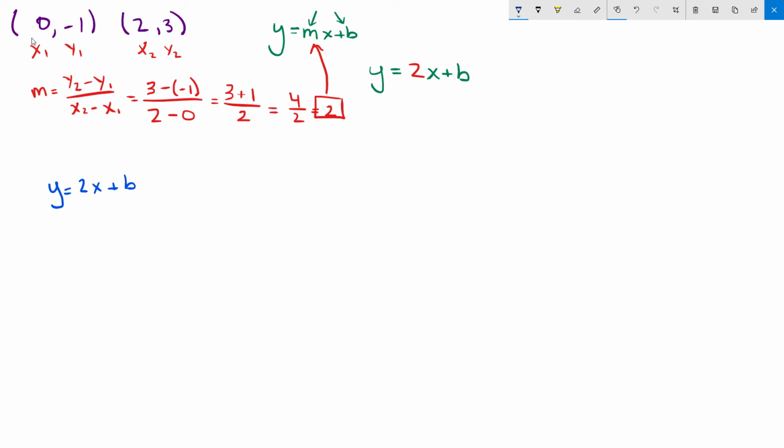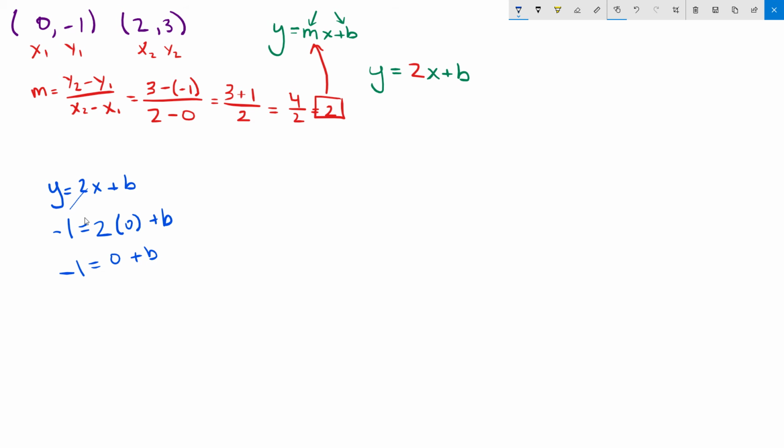So the y for this point is going to be -1, so I'm going to plug that in. -1 is equal to 2 times x, which is our 0, so 2 times 0 plus b. So notice all I did was take the values from this point and plug them in there, right? So this 2 times 0 was just going to give us 0, right? We still have -1 on this side.